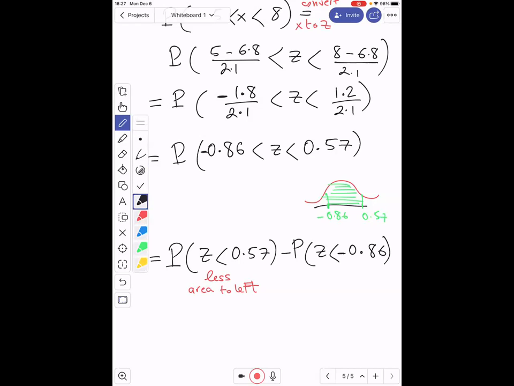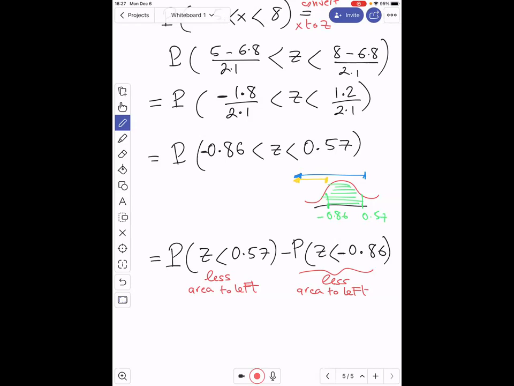So again, because it's less, this is the area to the left. And that's because, again, guys, you see, let's say this arrow here represents the area to the left of 0.57. Now, the area to the left of negative 0.86, that'll be this one here, right? Let's say the yellow arrow represents the area to the left of negative 0.86.